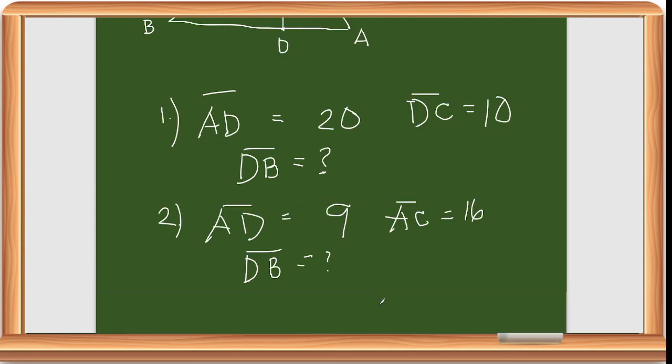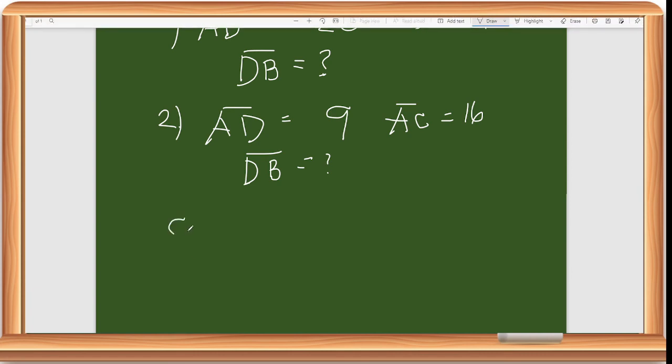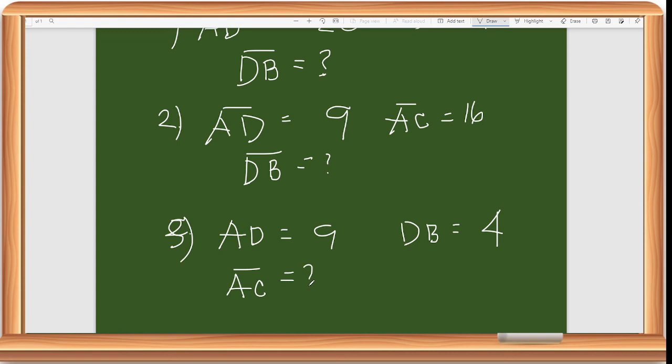And then, lastly, ang ipapasolve ko ay number 3. If AD is equal to 9 and this time ang given DB is equal to 4. Okay, find AC and BC. You have to look for AC and BC.